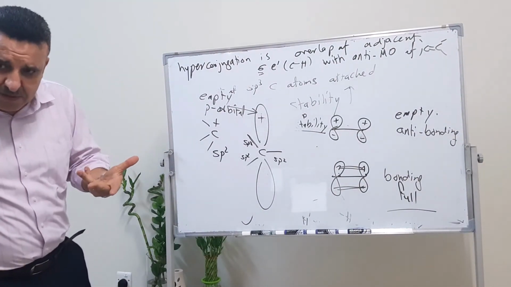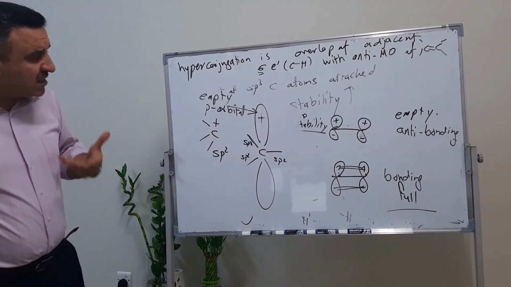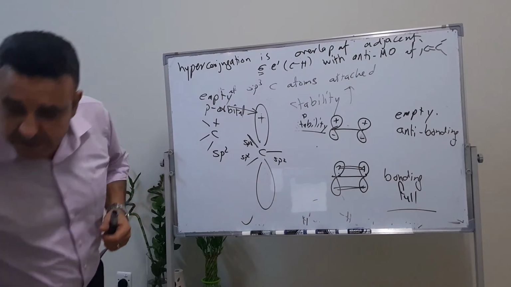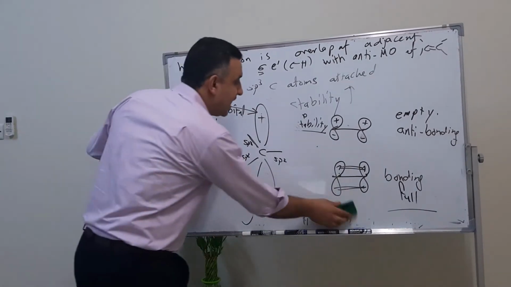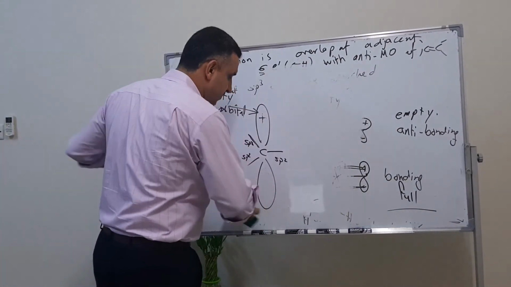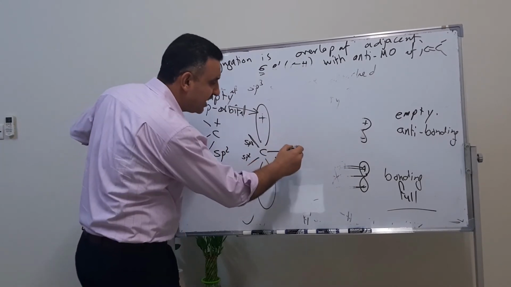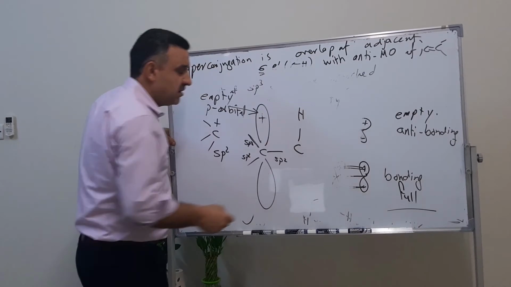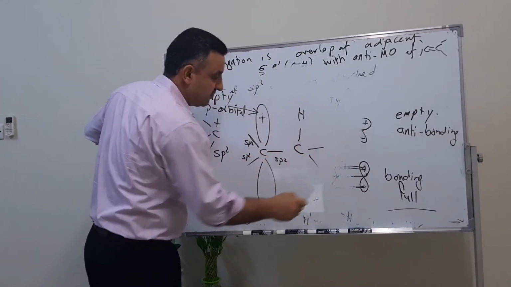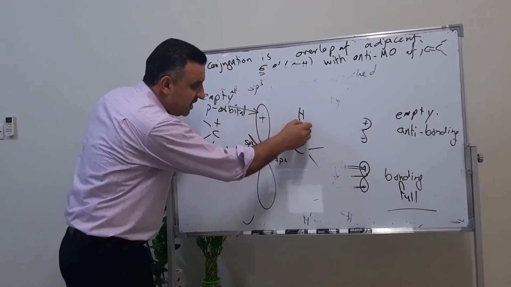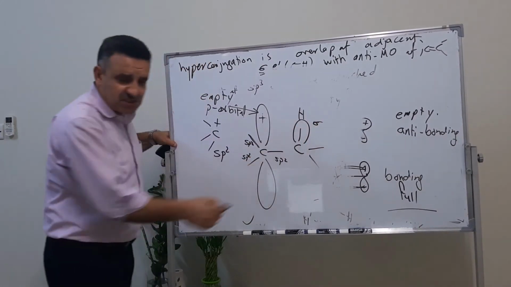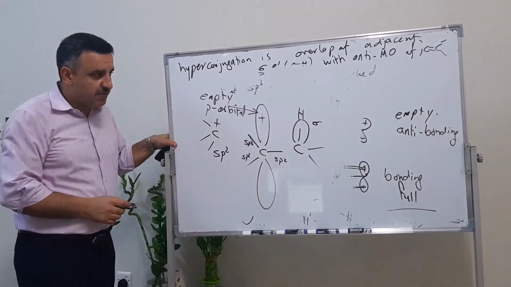Now, as we said, a carbon carrying a plus is not that favorable. It's not stable. What can make it stable is hyperconjugation. For example, if this carbon is attached to another carbon, and that carbon has a hydrogen attached, you can see here this is a sigma bond with the adjacent carbon.